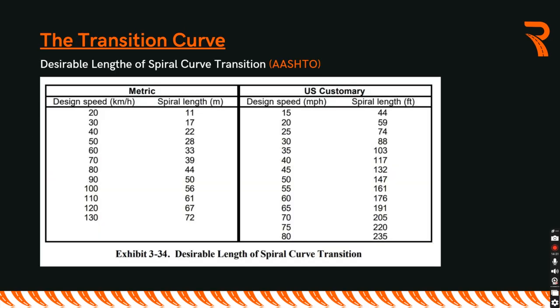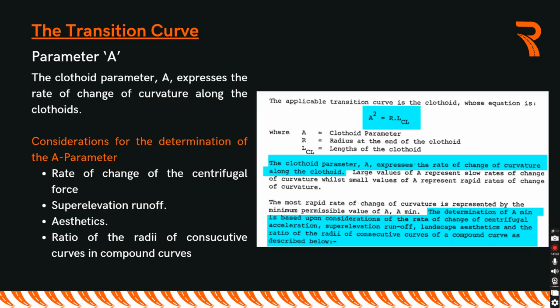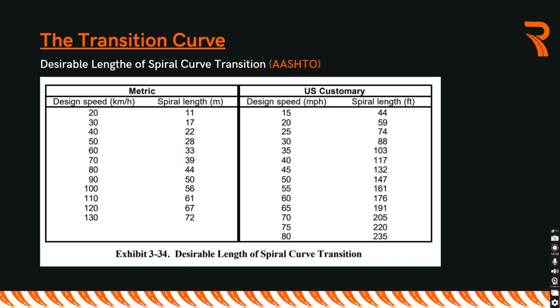So just to cut the long story short, I'll show you in the software where we can consider these parameters. But when you go to the software, you'll find that for you to be able to design a horizontal curve, it will require the tangent on both sides, that's the start and the end.